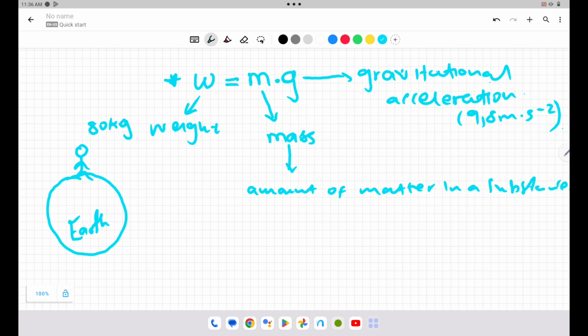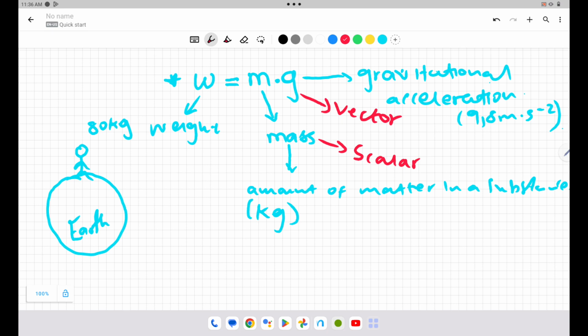And the amount of matter in a substance, we are measuring it in units of kilograms. And mass is a scalar quantity worth mentioning. When we talk about gravitational acceleration, we know that acceleration is a vector quantity. So this is also a vector.